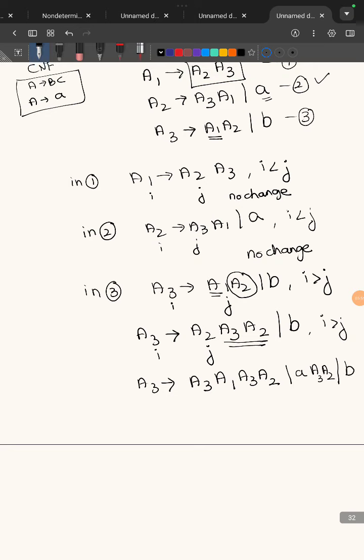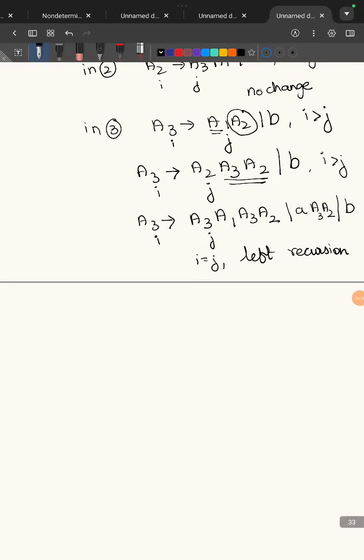Okay, so this is how you have to check the relationship between I and J. Now what happened, now I has become equal to J, which means that it is having left recursion. If the given rule is having left recursion, then we have to remove that. How are we going to remove that?